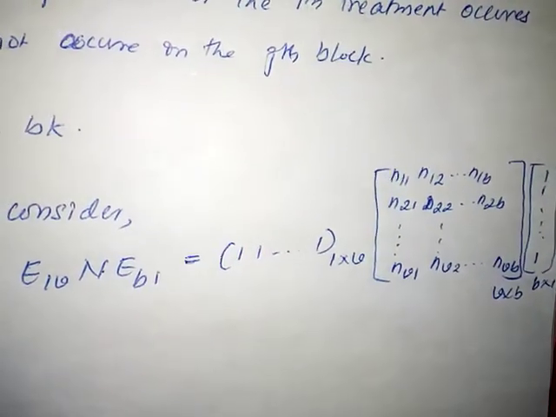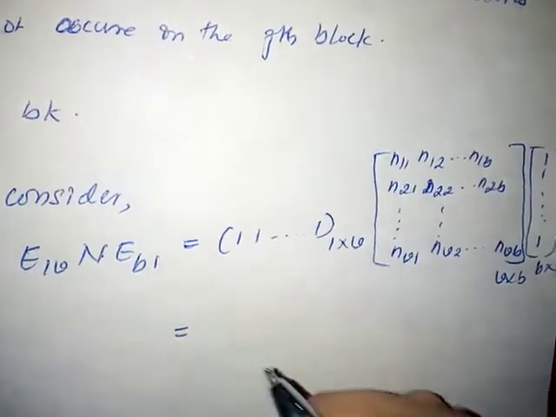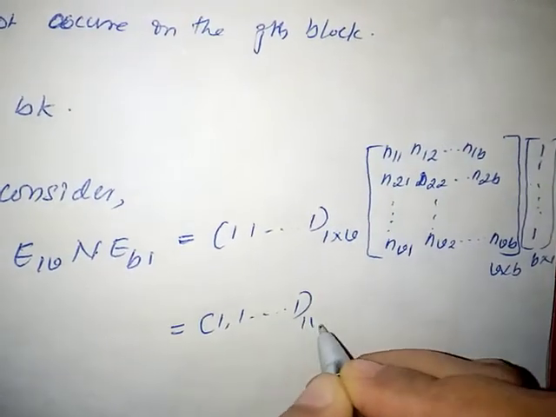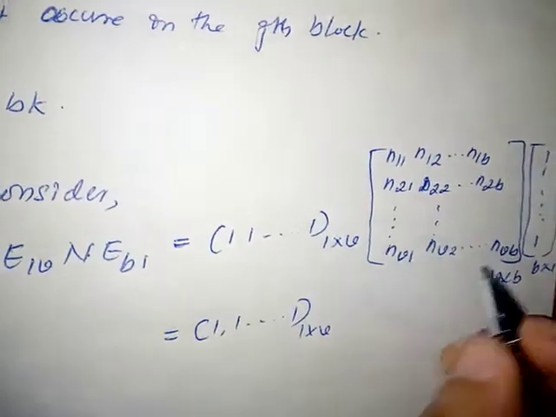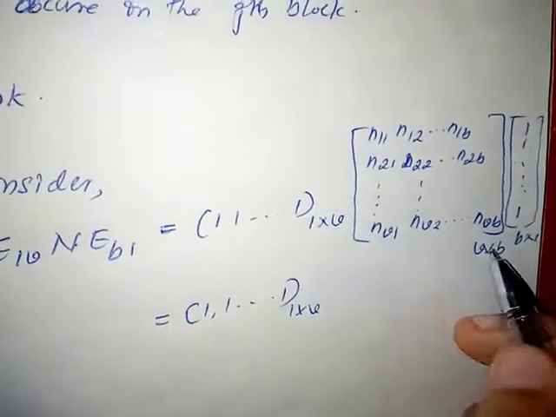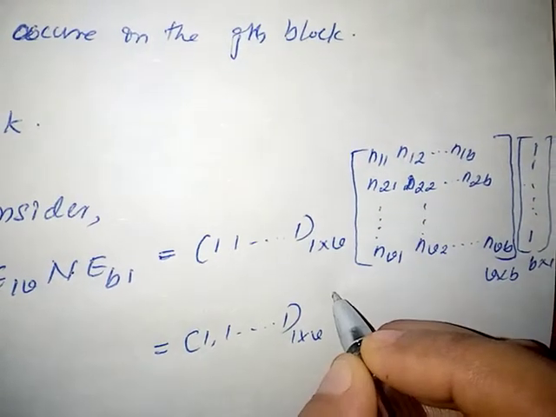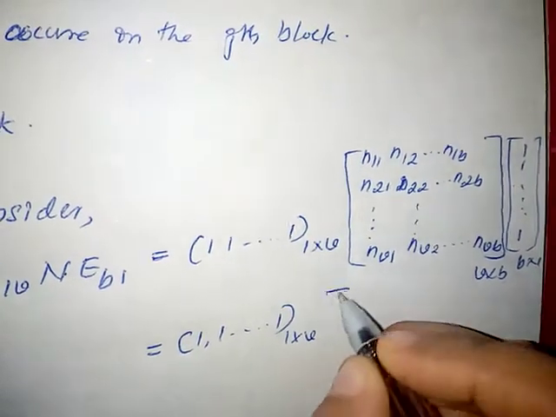Then we have to multiply these two matrices. Then what is the result?